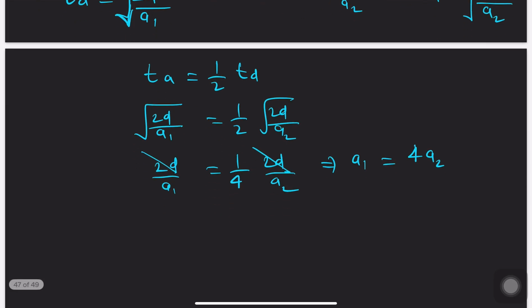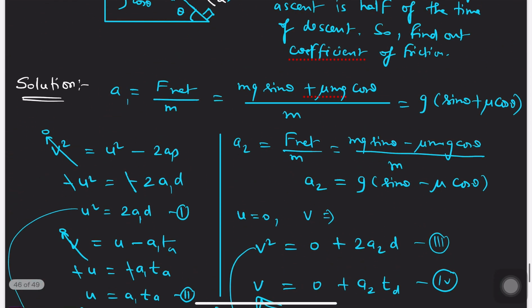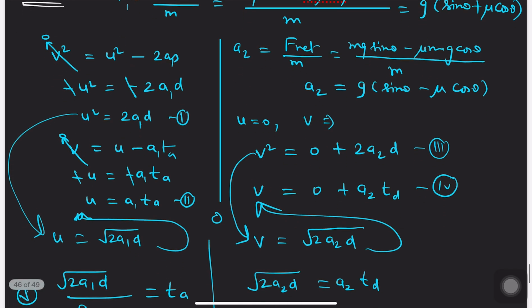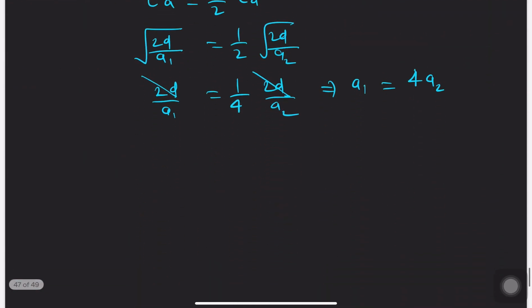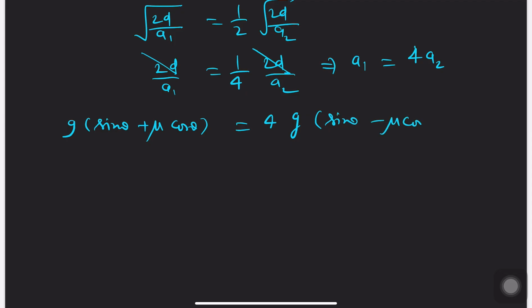If you remember, a1 was g sin theta plus mu cos theta, and a2 was g sin theta minus mu cos theta. So I am going to put those two. a1 is g sin theta plus mu cos theta, and this will be 4 times g sin theta minus mu cos theta. g cancels. So sin theta plus mu cos theta is equal to 4 sin theta minus 4 mu cos theta.